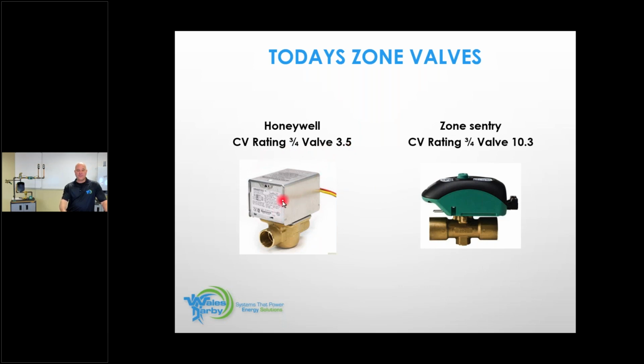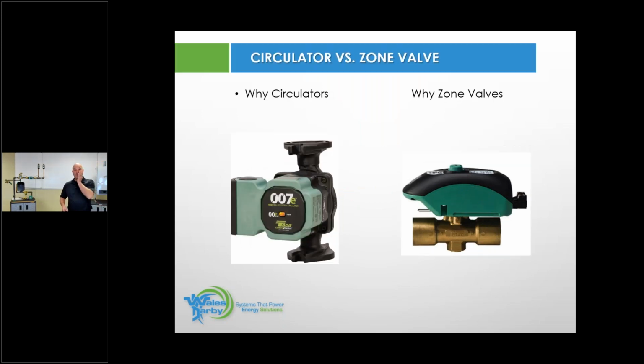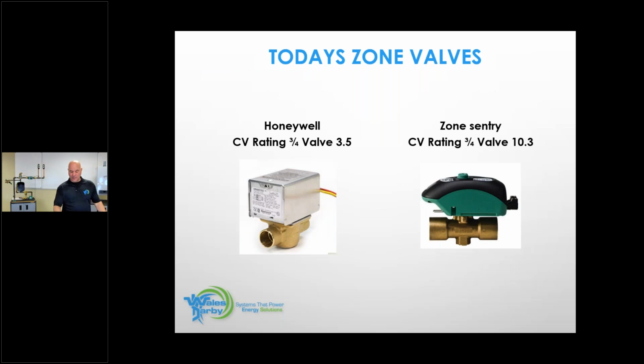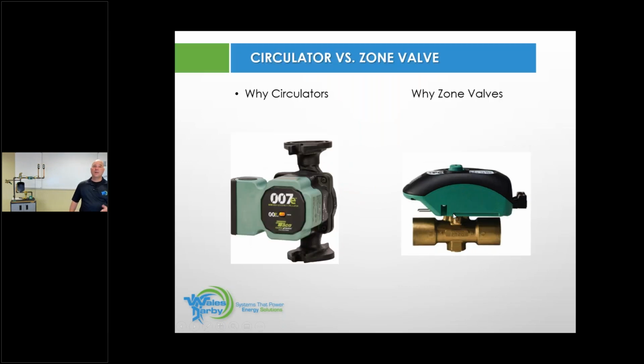Consider that 35,000 BTU, and here consider it 100,000 BTU just for CV ratings. You may have to do some troubleshooting related to zone valves. That's just for your information. So let me back up. I want to make sure everybody gets that. 35,000, 100,000.